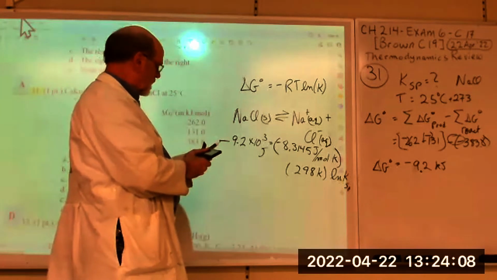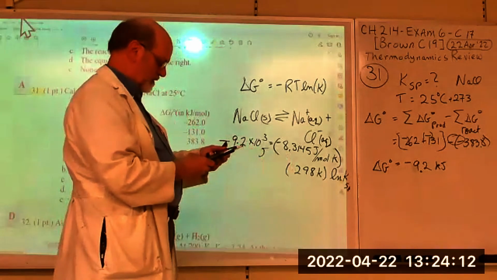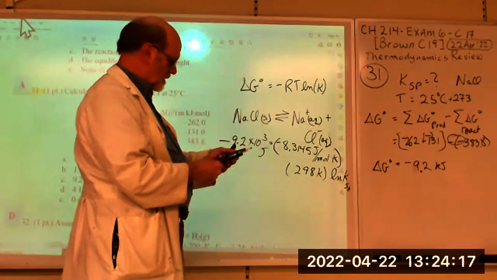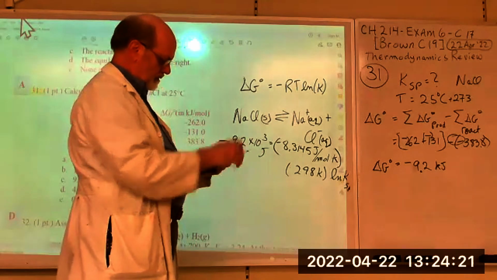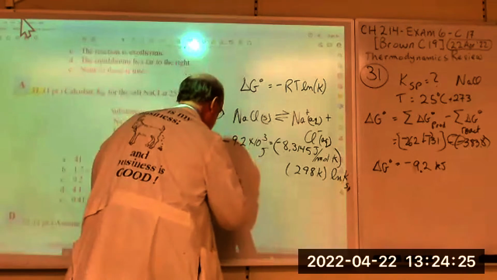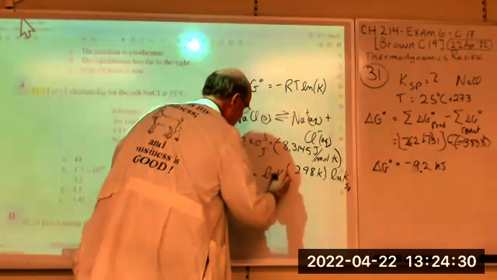There we go. And then divided by a negative 8.3145. And then divided by 298. So that's 3.713. 3.713 equals the natural log of K.